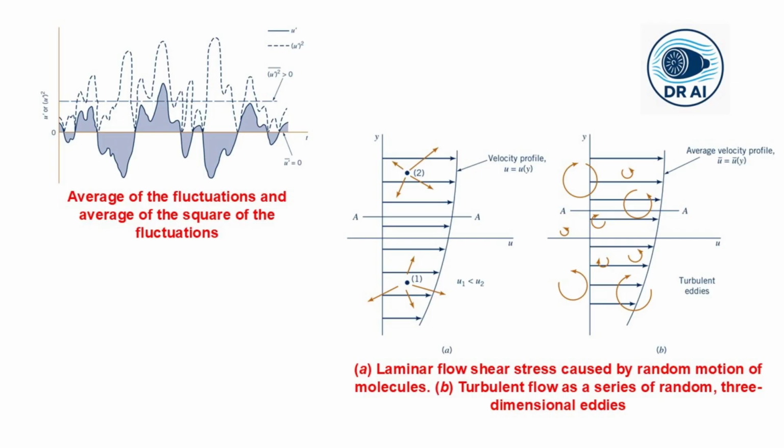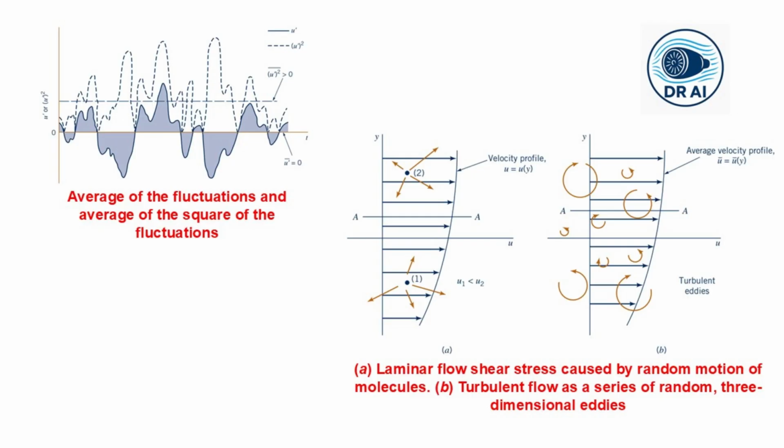Now think of the turbulent flow not as a collection of molecules but as a seething mass of random three-dimensional eddies. These are chunks of fluid ranging from tiny to quite large that tumble and swirl as they are carried along. As these eddies randomly move across the pipe, they transport mass, momentum, and energy in a way that molecules simply cannot.